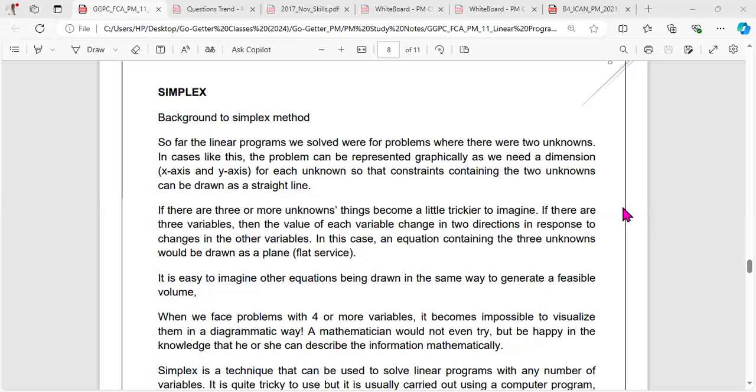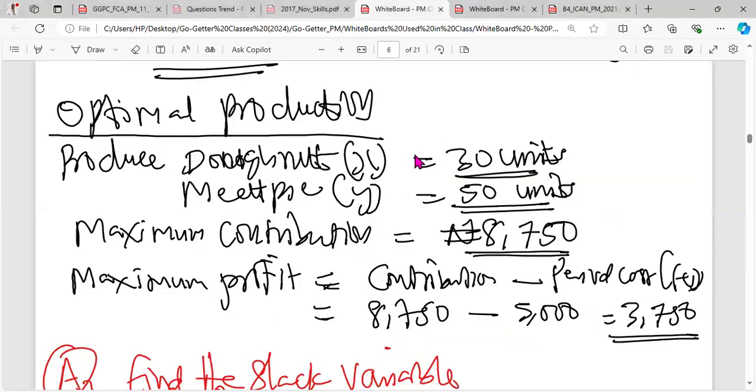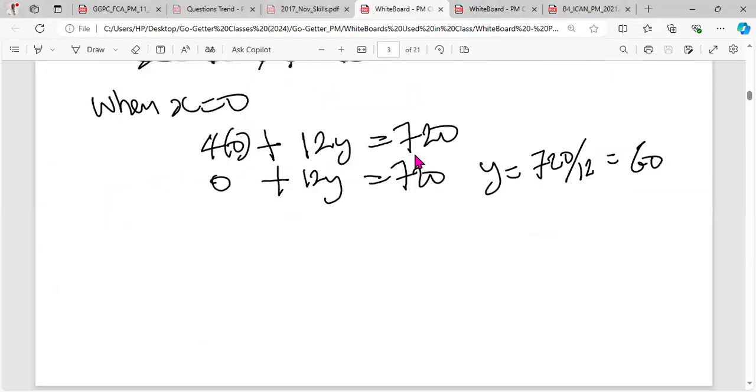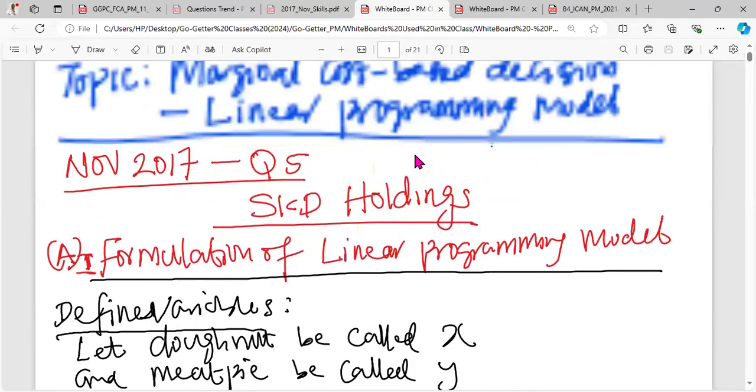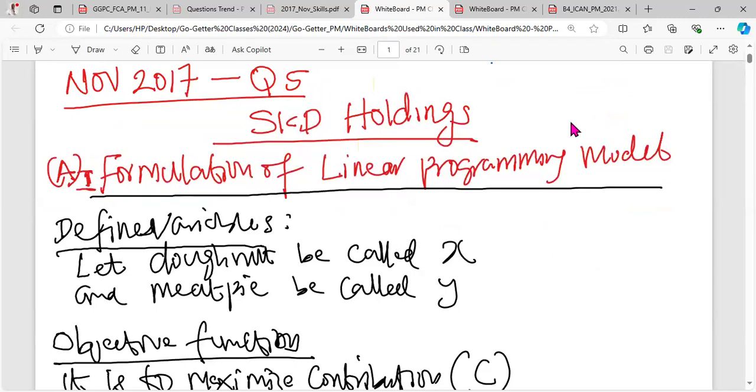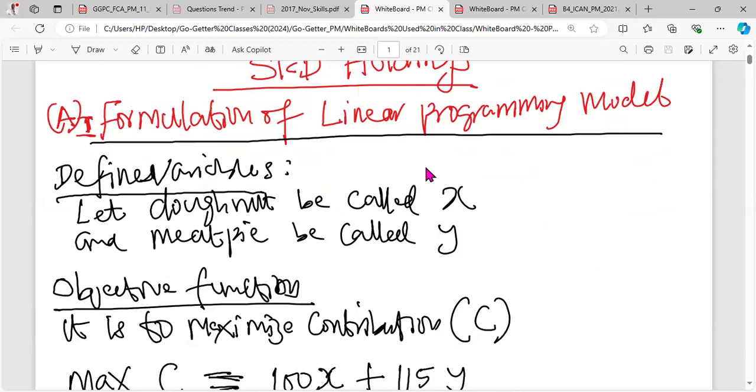Today we are continuing on the topic of the linear programming model. In the last class, we were able to do a linear programming model using the graphical solution. In the graphical solution, we first of all defined our variables.